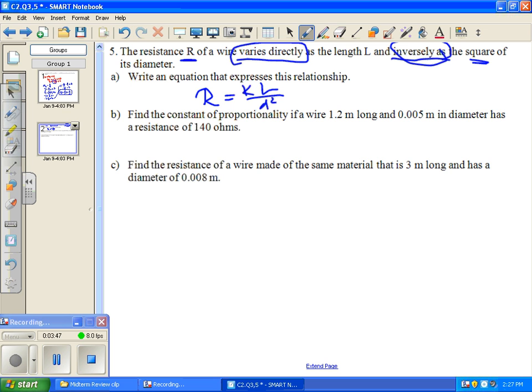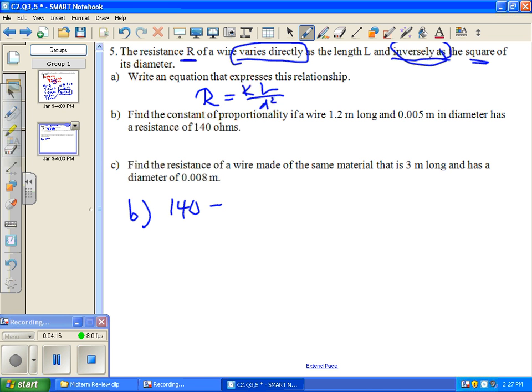So we're finished with part A. In part B, they give us some values to plug in so we can figure out what the K is. To find the constant of proportionality, we plug in 1.2 meters for the length, 0.005 meters for the diameter, and the resistance is 140 ohms.